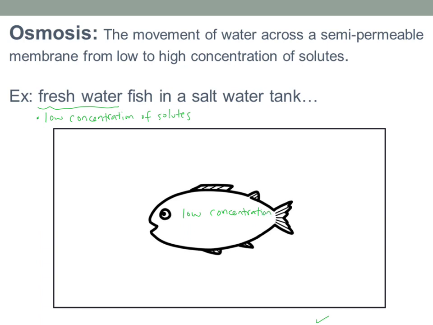Now, if you look at your saltwater, saltwater by definition is going to have a lot of salts in it. So it's called saltwater. So this is going to have a much higher concentration of solutes. So here we have high concentration.